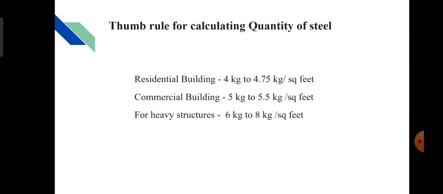Whenever it is a residential building, it is 4 to 4.75 kg per square feet. In the case of a commercial building, it is taken to be 5 to 5.5 kg per square feet, and for heavy structures or tall buildings, it is taken to be 6 to 8 kg per square feet.